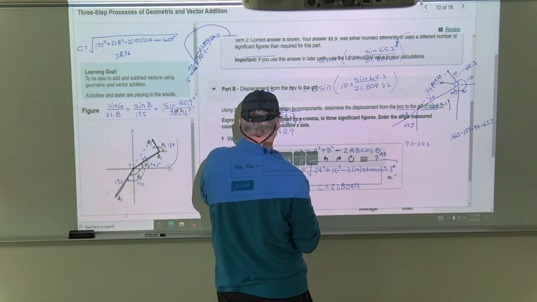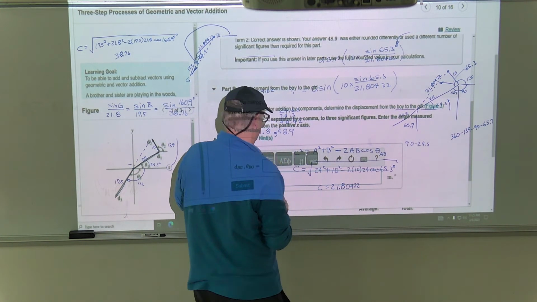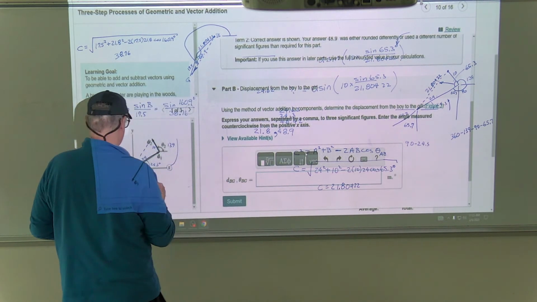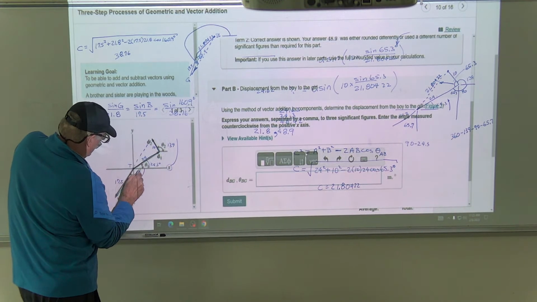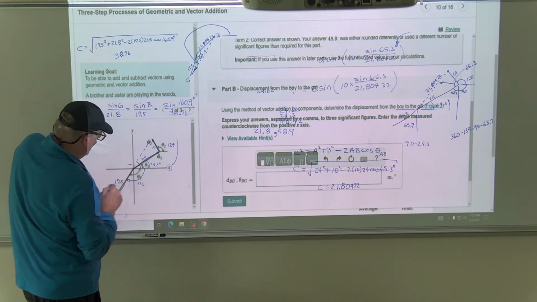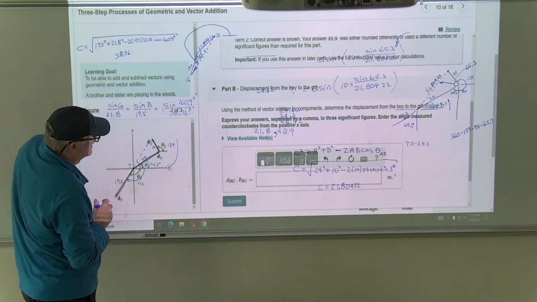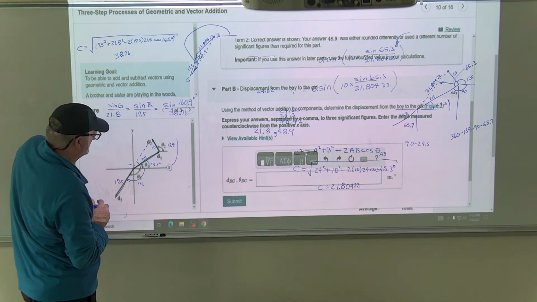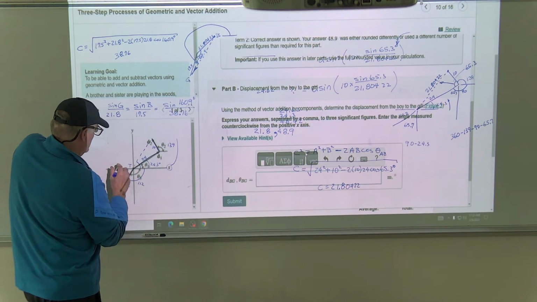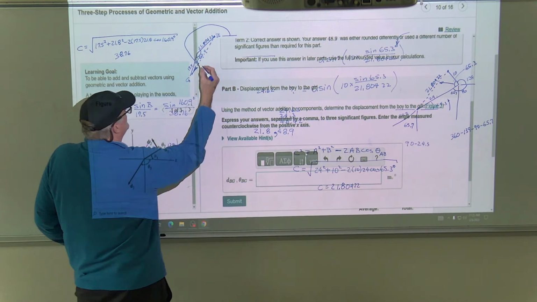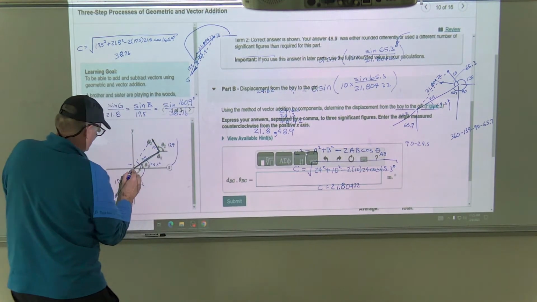Okay, so I have a vector that draws to the boy. Okay, wait a minute. So I'll use this. It draws to the boy, and it is, okay, I'm losing a lot of my information. So this is my center spot.